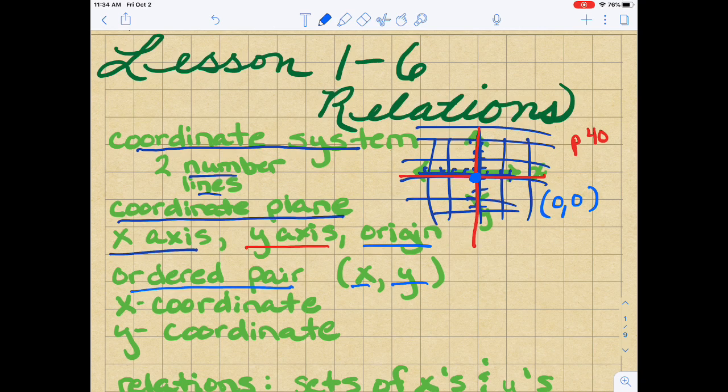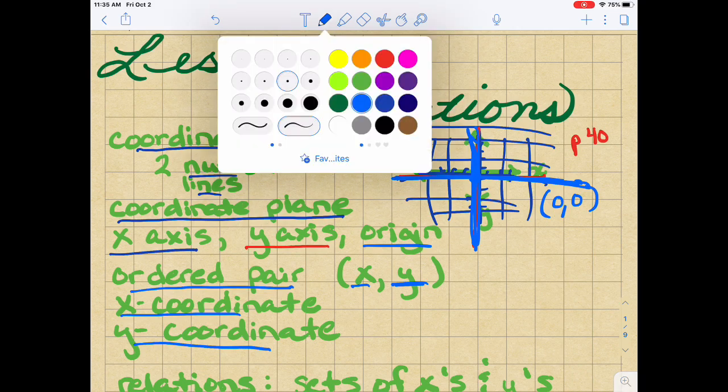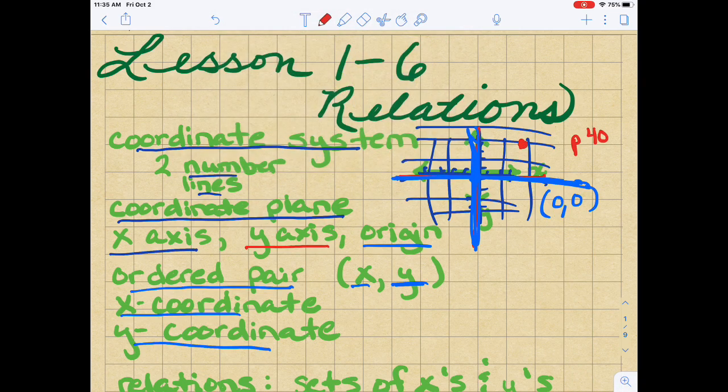So we get to give an x number that gives us a horizontal direction, and we always find that first, and then we will have a y number from wherever we are on x that gives us a second direction. So we can use the x coordinate and the y coordinate, and we'll find some particular place on our grid wherever our x and our y take us.